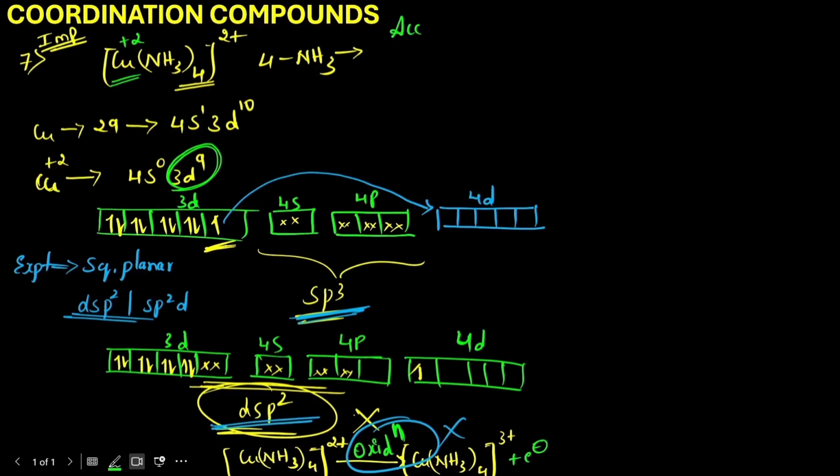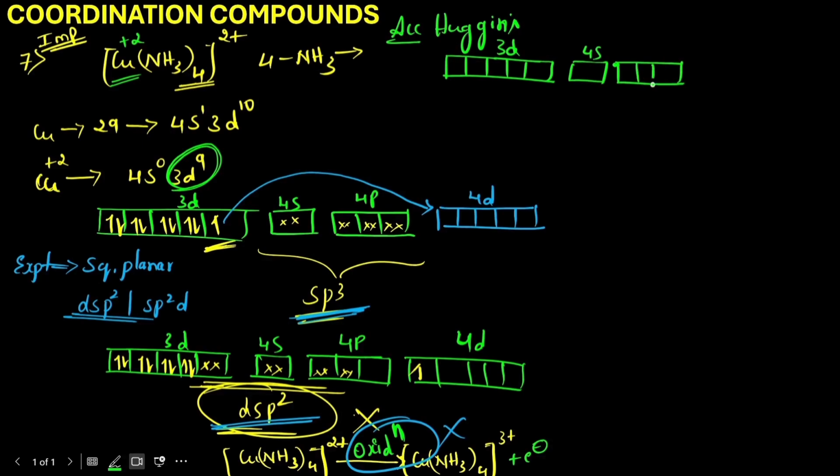So, according to Huggins, here we have 3d orbitals, and here we have 4s, and then 4p, and then 4d. How many electrons are there in 3d? 9 electrons: 1, 2, 3, 4, 5, 6, 7, 8.